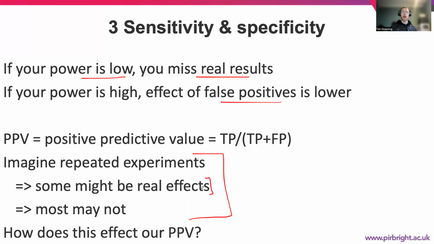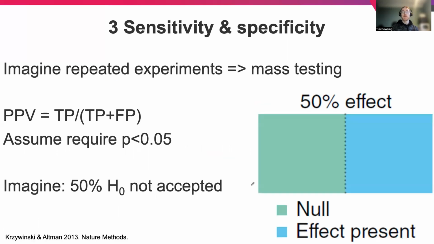what fraction will have real effects, and how we can think of our standard statistical metrics of alpha, our alpha threshold, and then also our power, which is 1 minus beta. So let's say we do a bundle of experiments where 50% of them have an effect.